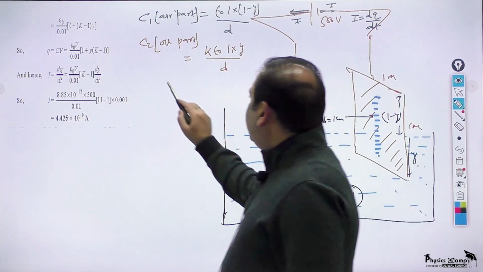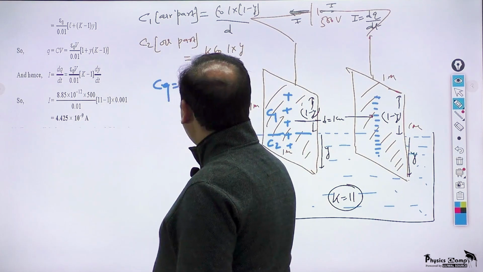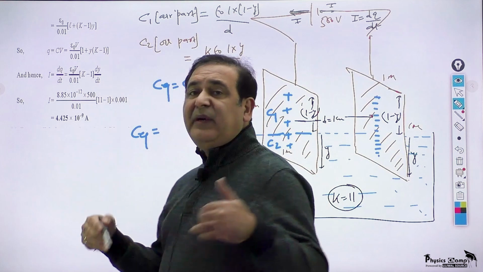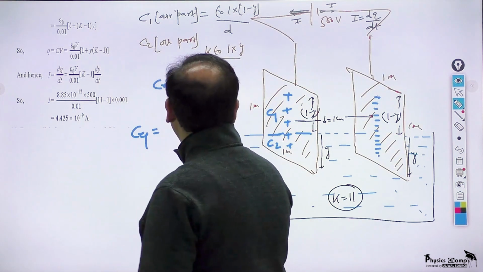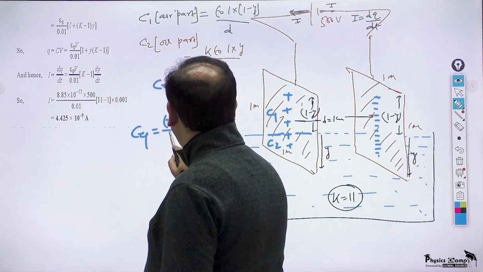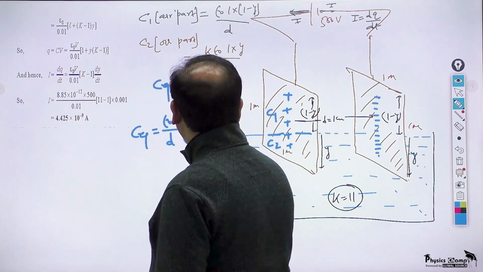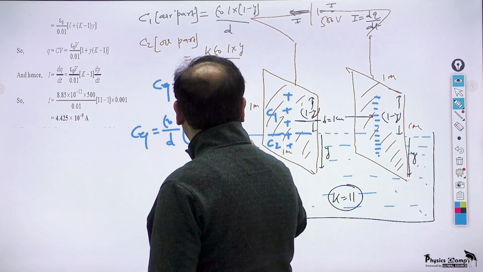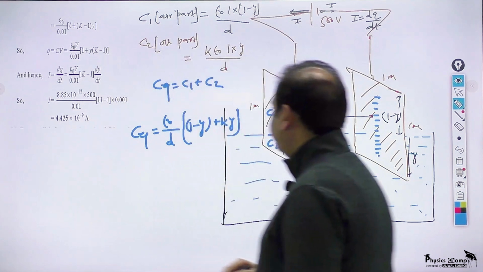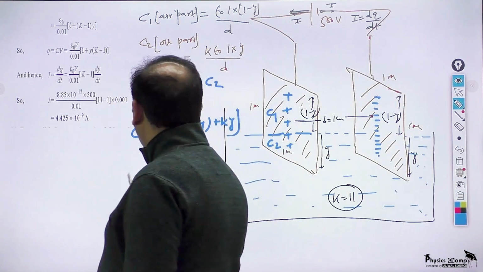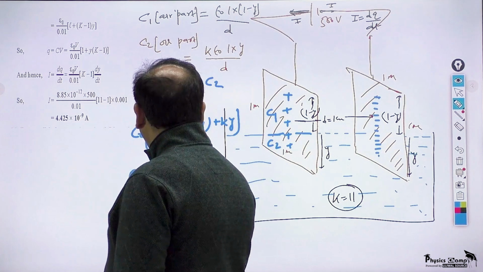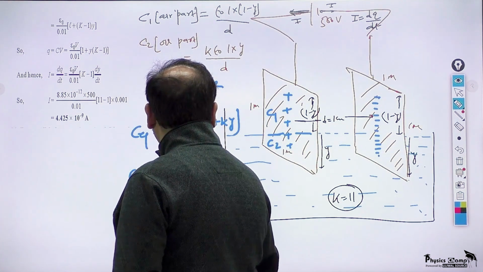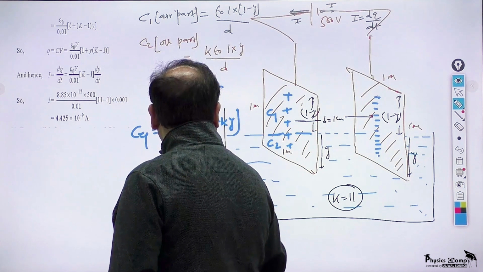So C equivalent is C1 plus C2. C equivalent at any intermediate stage during lowering would be epsilon naught by d into 1 minus y plus ky. So C equivalent would be epsilon naught by d into 1 plus y into k minus 1.